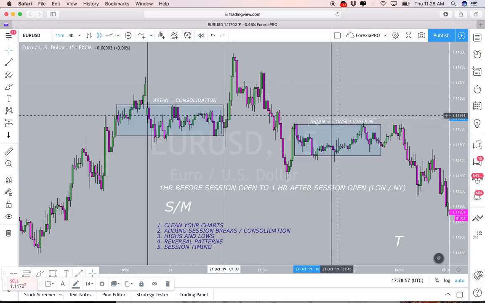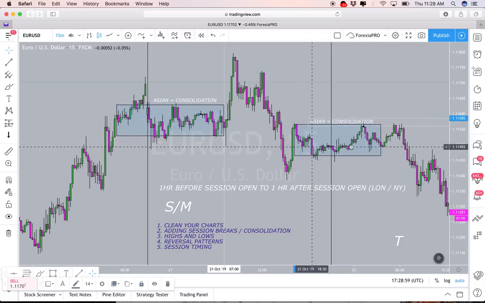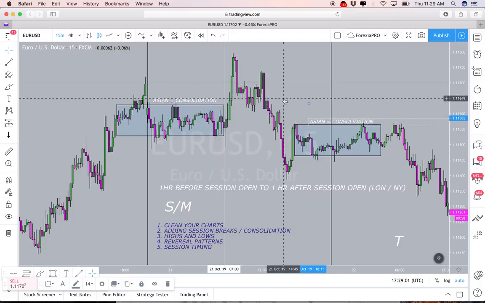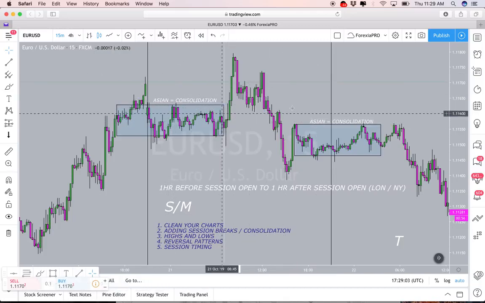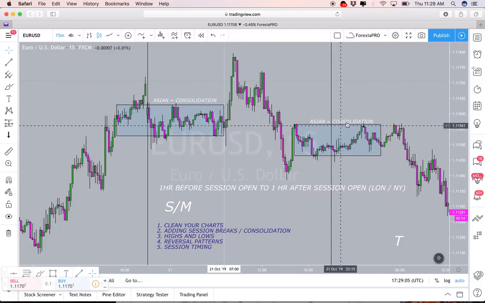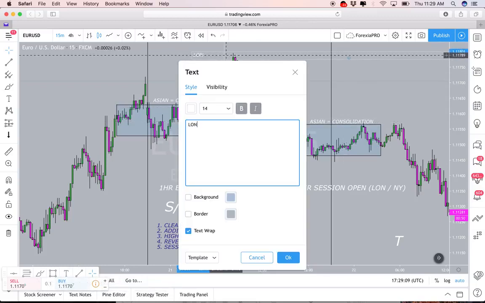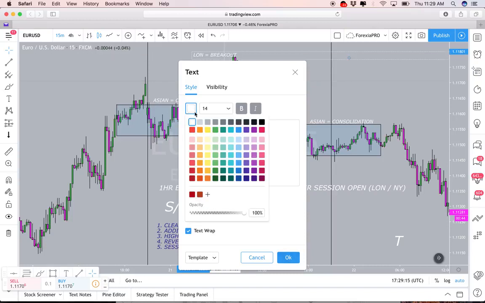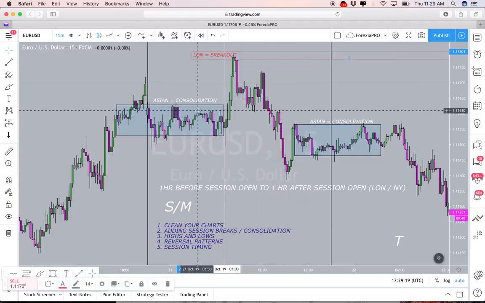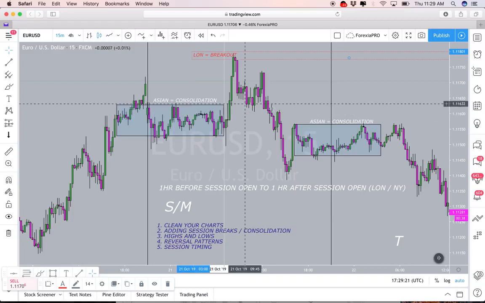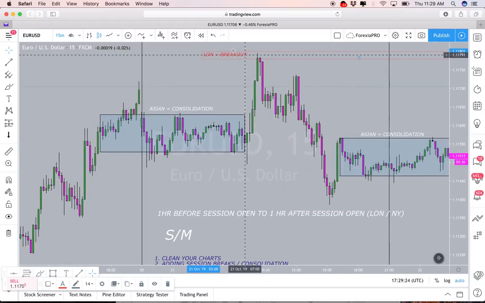I personally don't trade because that's what happens most of the time. So Asian session consolidation, then what happens? We have London. London session is known as the breakout session. Why? Because we break out of Asian session consolidation. We break out of the range. Okay? So, check this out.